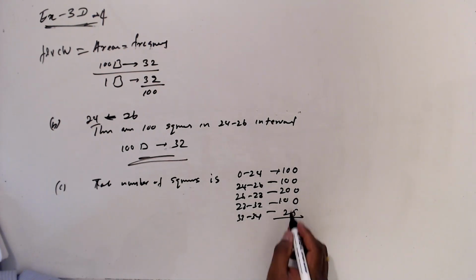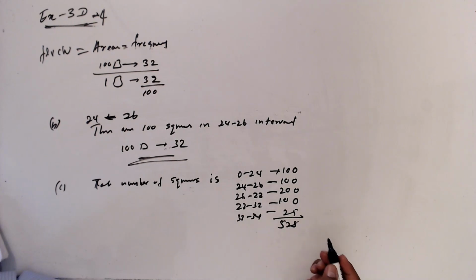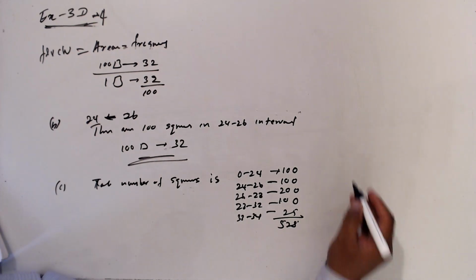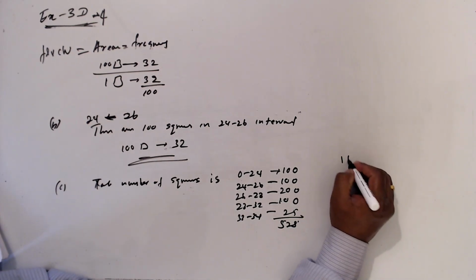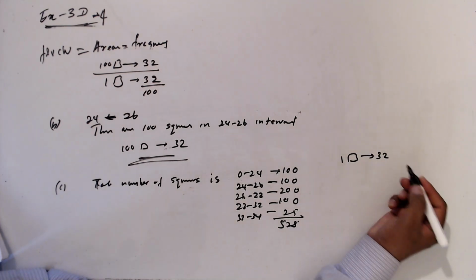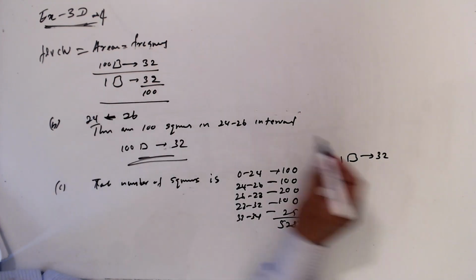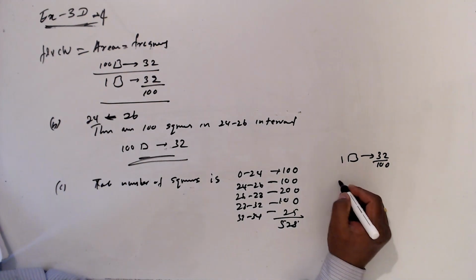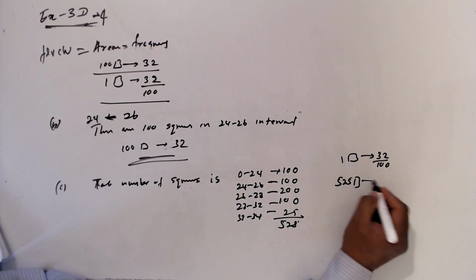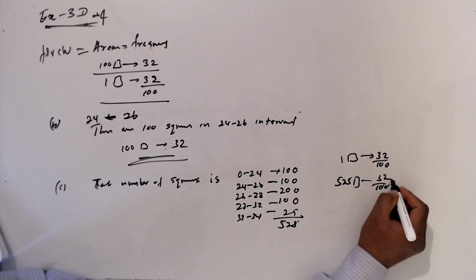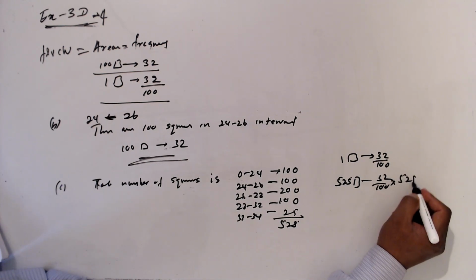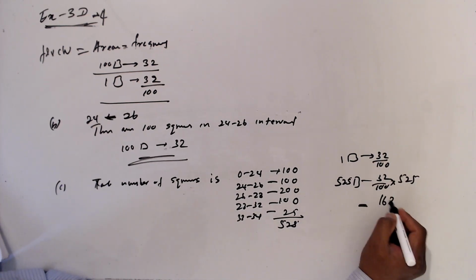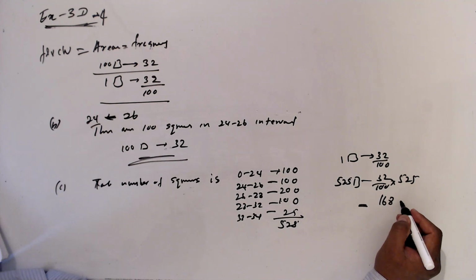So 525. Then one small box represents 32 out of 100, so 525 boxes is 32 out of 100 multiplied by 525. The answer is 168 lambs.